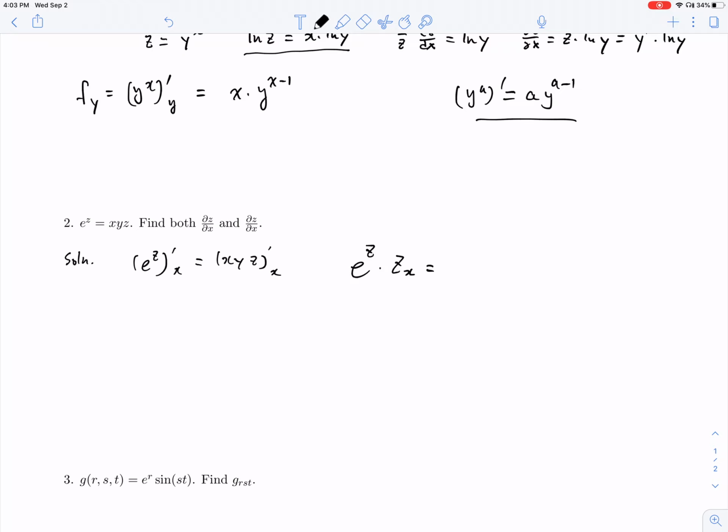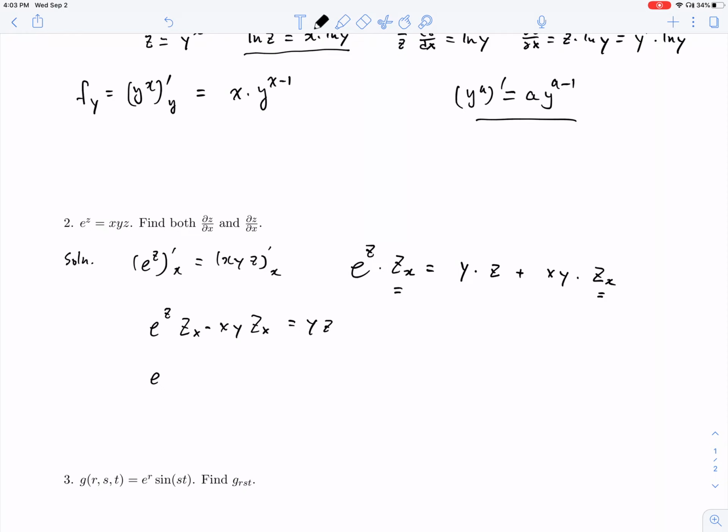So if you take the derivative of xyz, you're going to get y, and then z is unchanged, plus xy times the derivative of z with respect to x, right? That's the product rule. And you see this is the one you want to find. So move them together: e to the power z times z_x minus xy z_x is equal to yz.